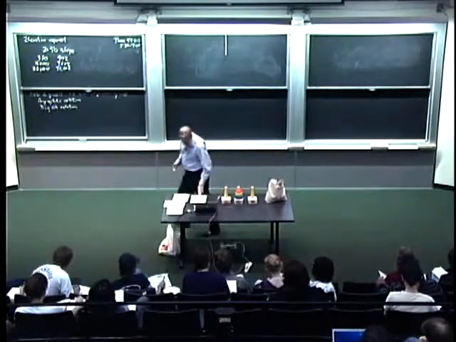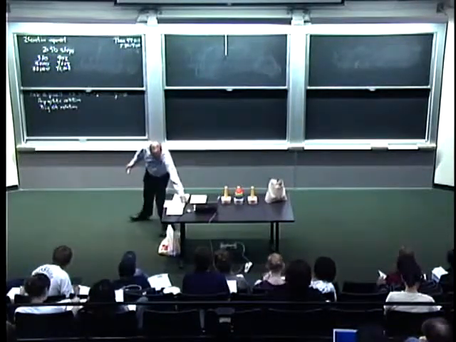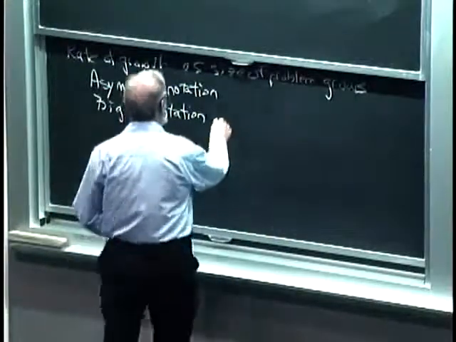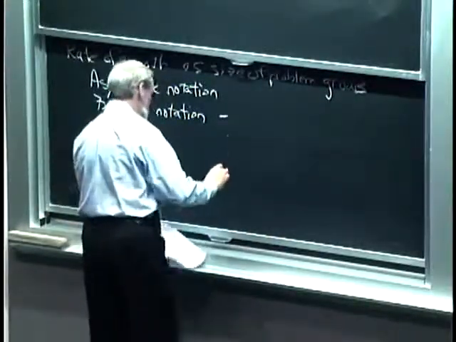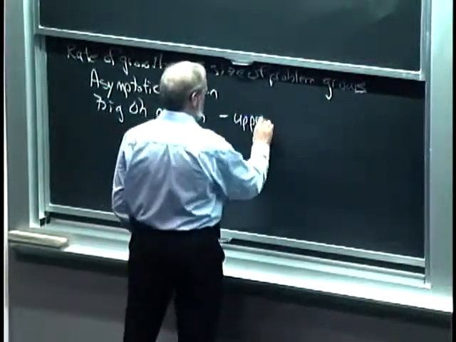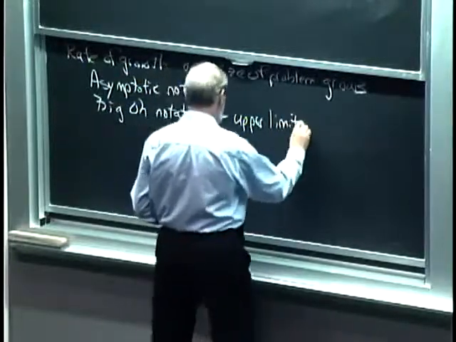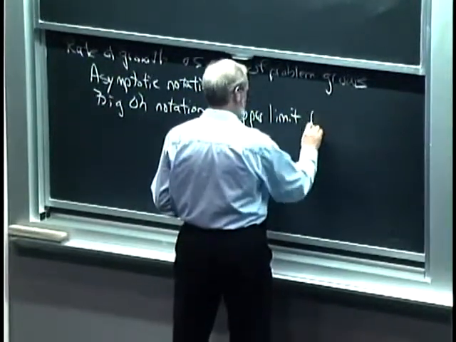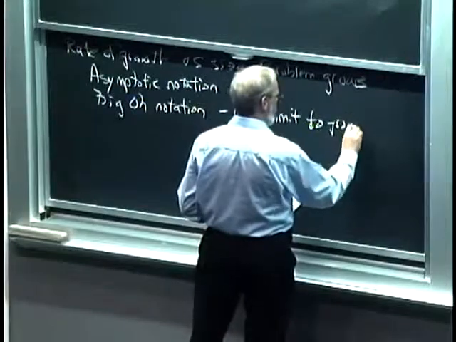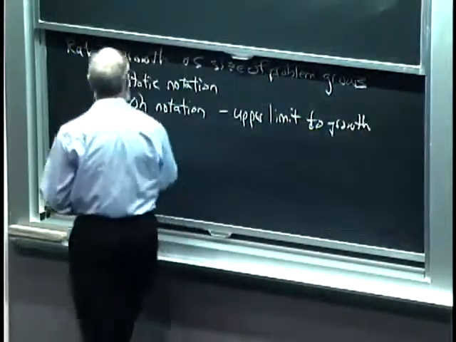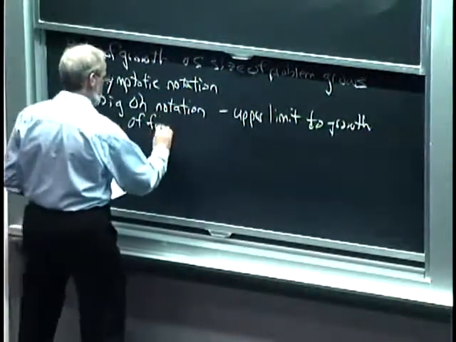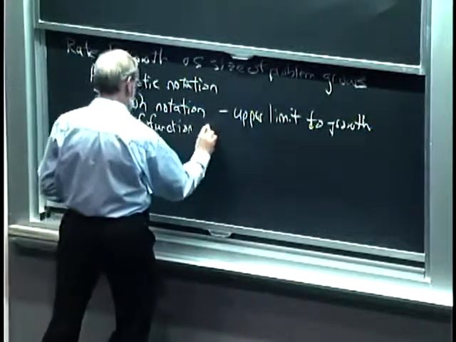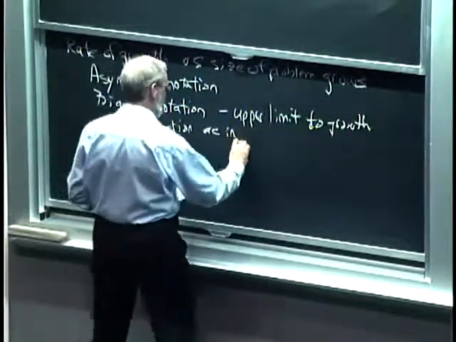Let me write this carefully for you. Big O notation is basically going to be an upper limit to the growth of a function as the input gets large.